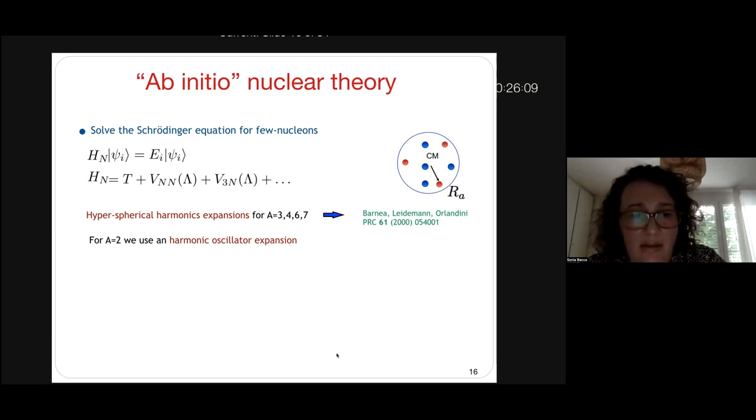And then for the deuteron, we have used the harmonic oscillator.